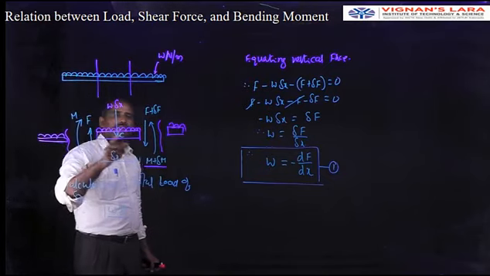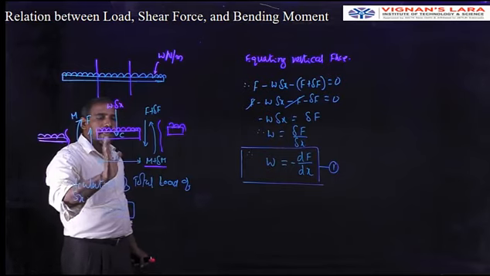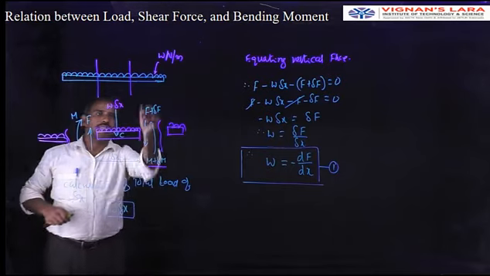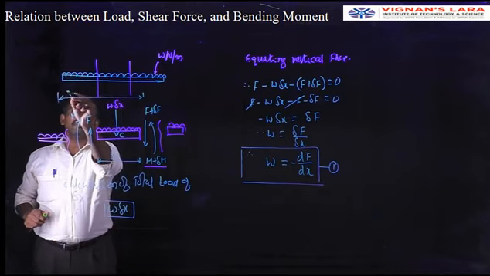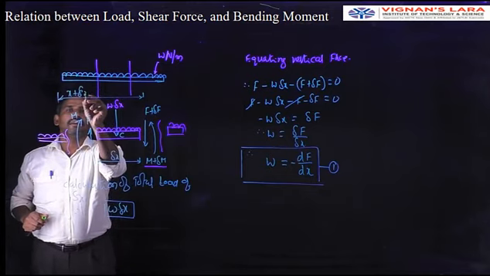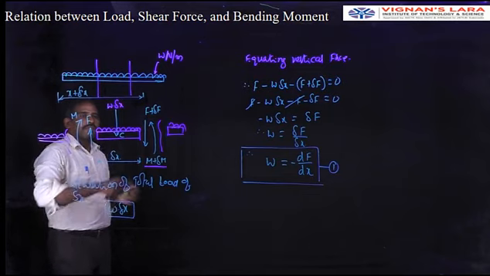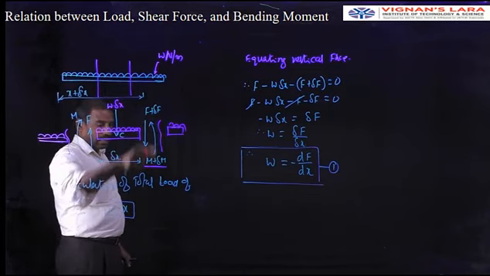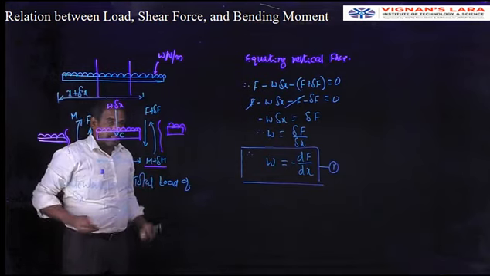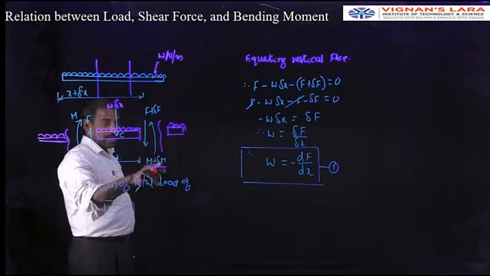At a distance x plus delta x, the force F plus delta F vertically downward because of the equilibrium condition, and the moment is counterclockwise, that is M plus delta M.